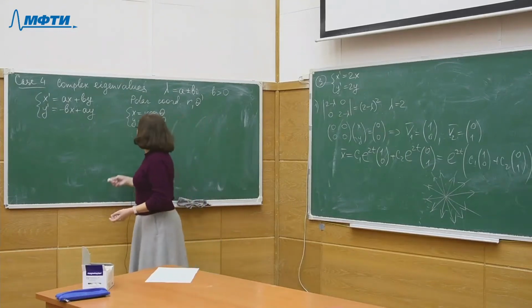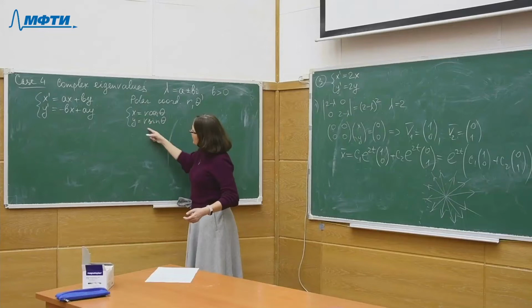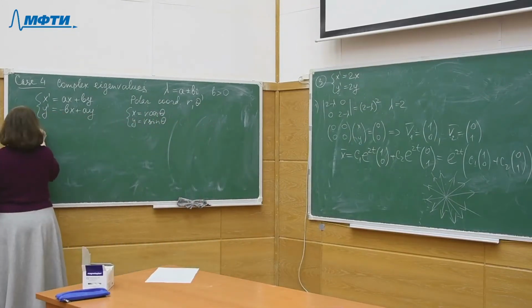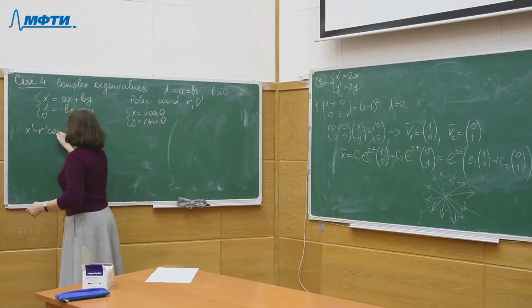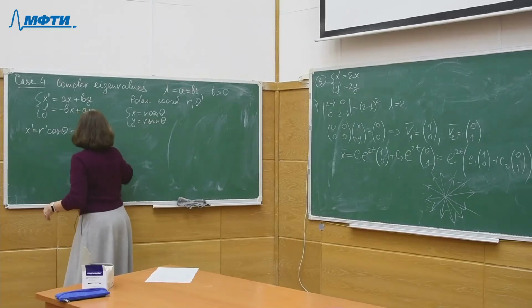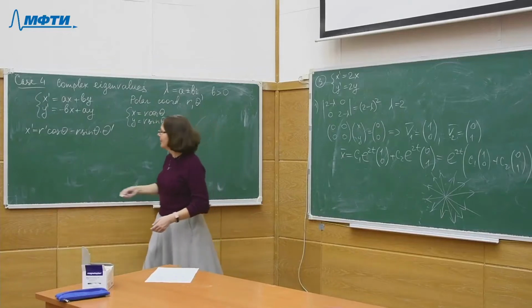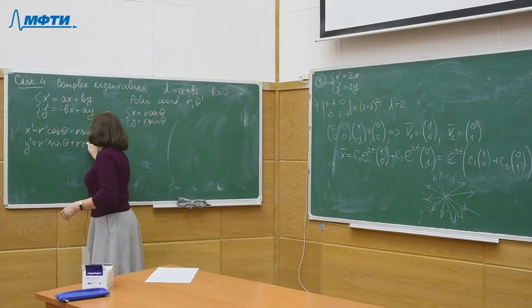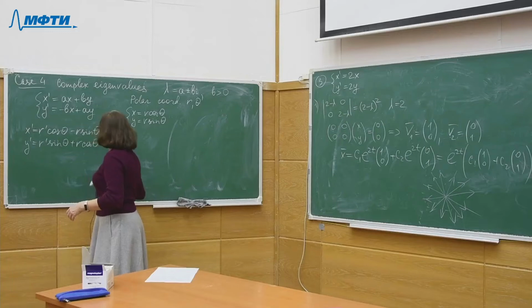Let's rewrite the system in terms of r and theta. To do this, we will differentiate. x prime equals r prime cos theta minus r sine theta theta prime. And y prime equals r prime sine theta plus r cos theta theta prime.